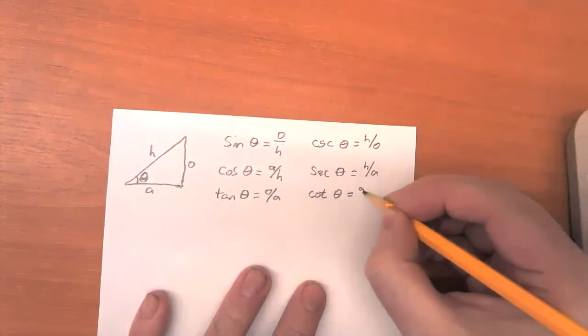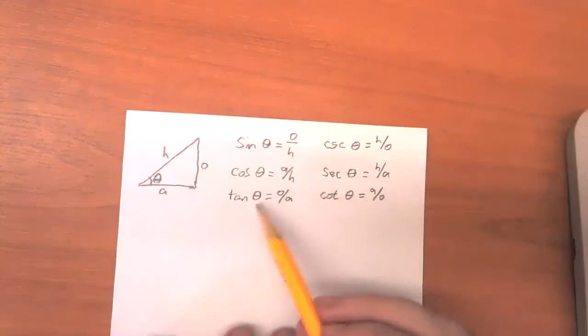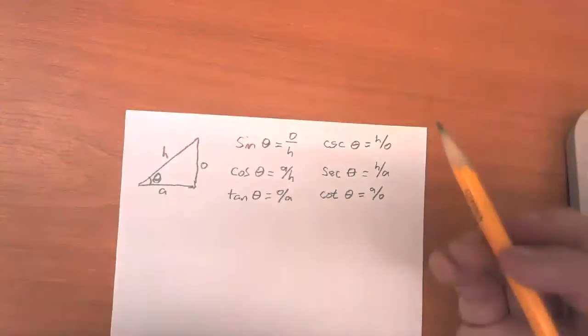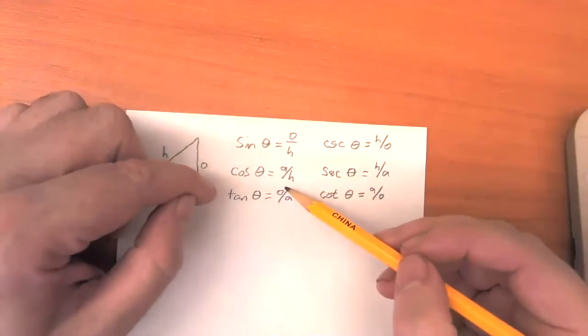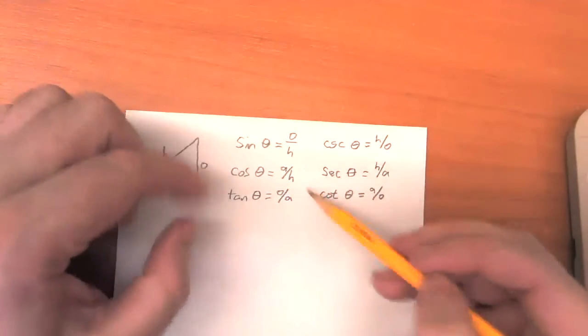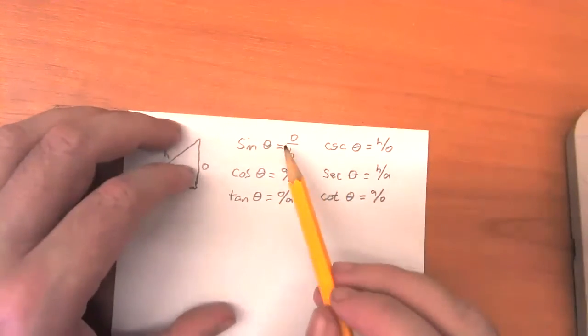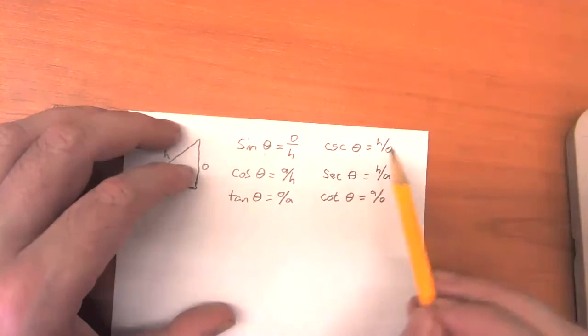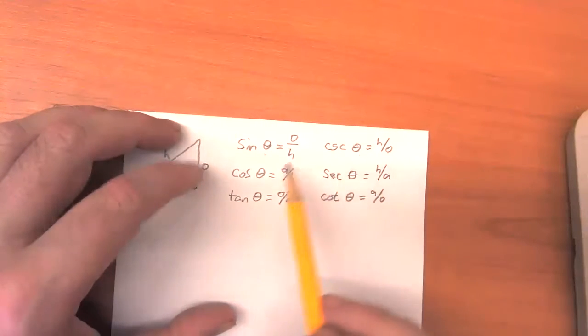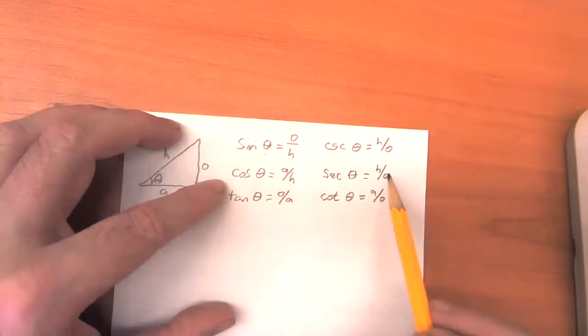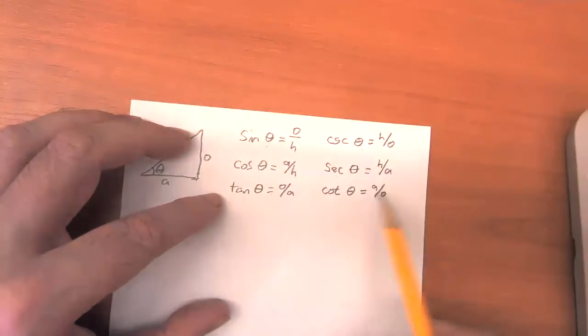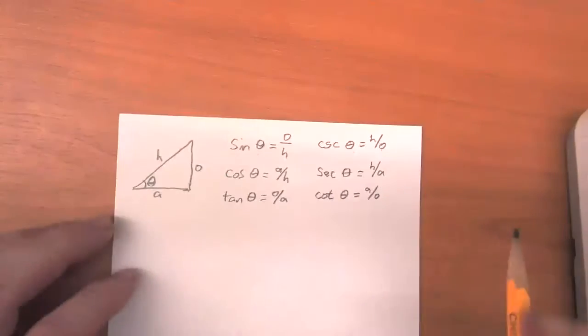And that's a over o. So what you see here is that we've got pairs of reciprocal functions. Sine and cosecant are just the reciprocal of each other. Cosine and secant are just the reciprocal of each other. And tangent and cotangent are just the reciprocal of each other.